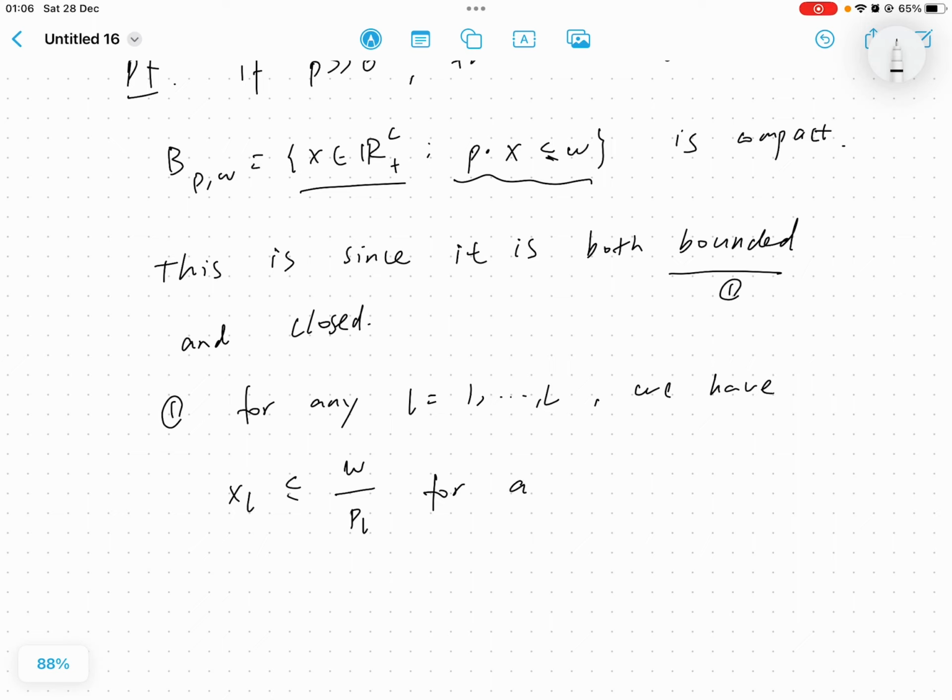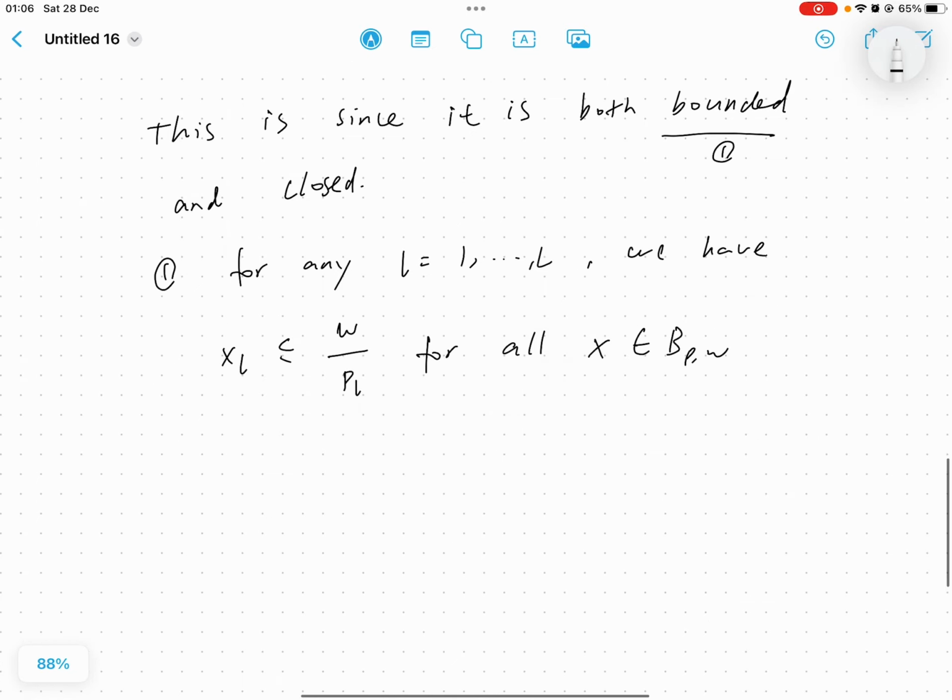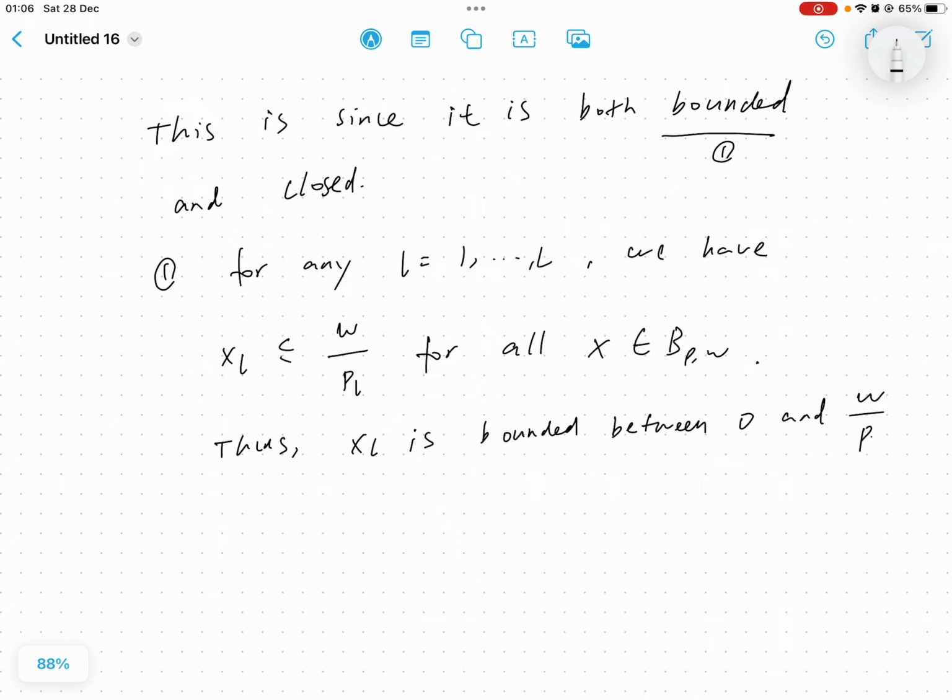Okay. For all x in B(P, W), okay? Thus, x_L is bounded between 0 and W over P_L, okay?